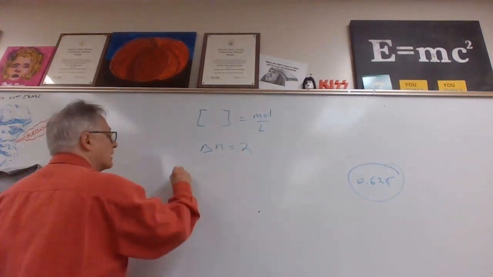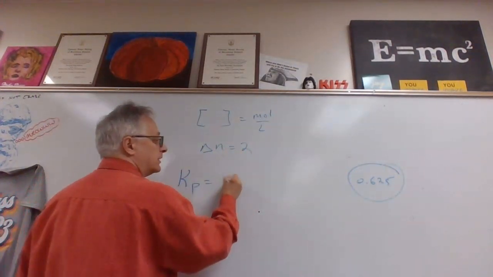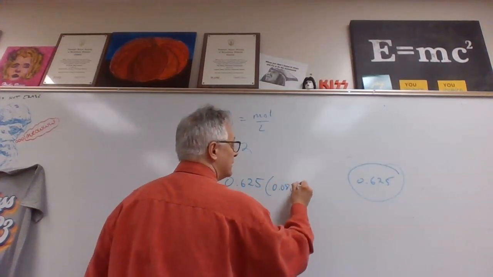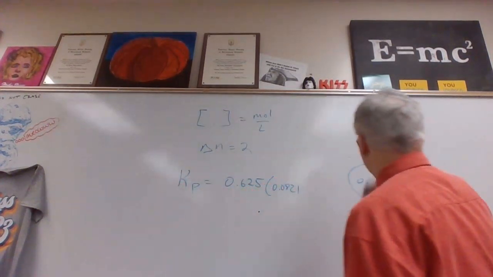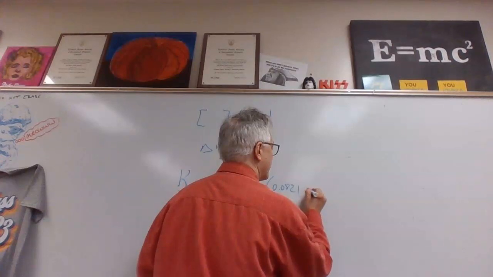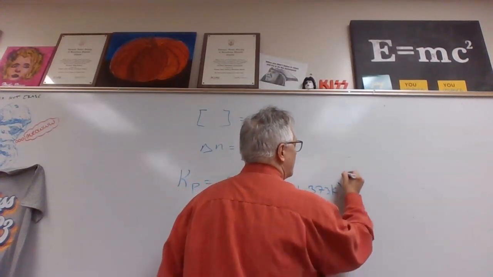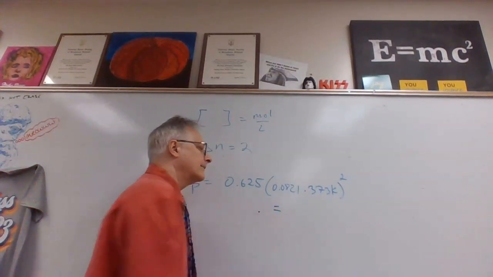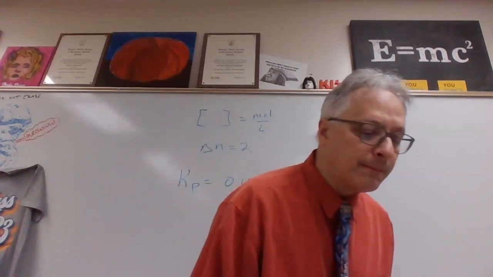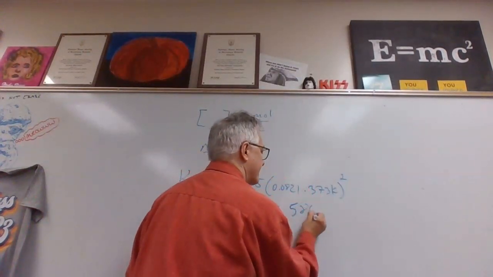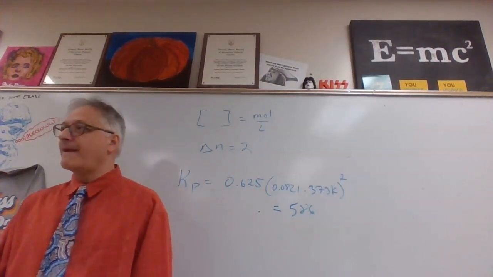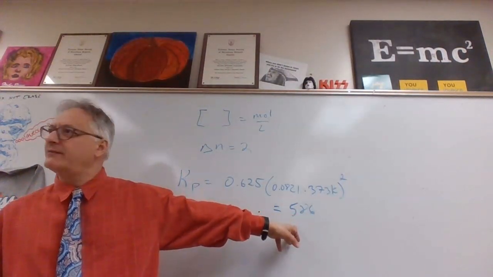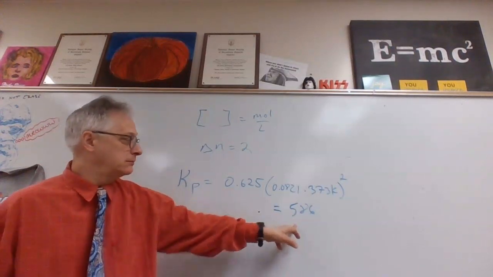So Kp is equal to 0.625 times R, 0.08206, I'm going to leave the units off just for the sake of being lazy, times 373 Kelvin raised to the second power. That's my delta n. When you do that, you get a value that's 586. Guys got that? Okay. Wow, that's a pretty big number compared to the 0.625 or whatever it was.